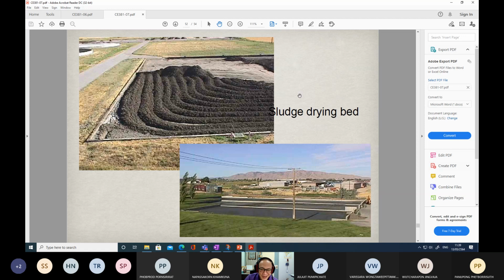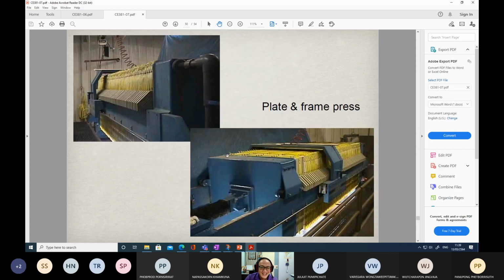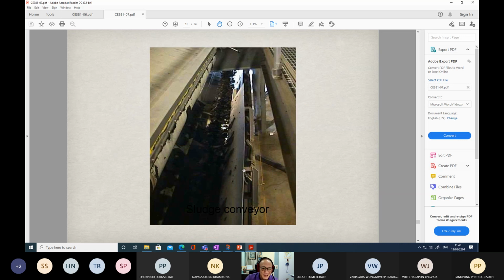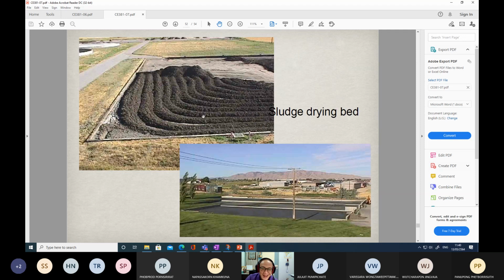This is manually collected. If we use this machine, we don't have to use humans for these jobs. But for this one, it cannot be avoided. We have to ask somebody to collect this.